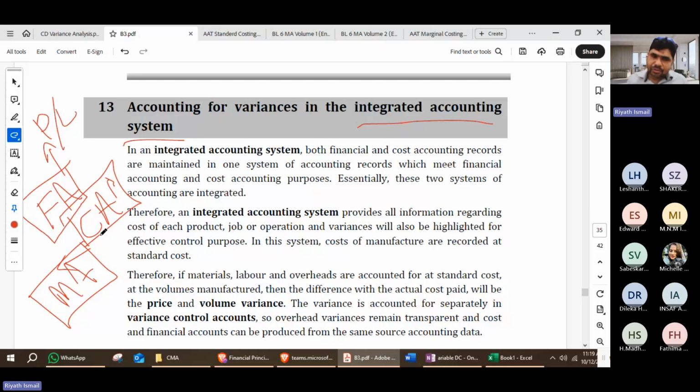And the cost accountant, they don't worry about the external side. So they report the internal cost, how much cost they have incurred and how much the cost of the product is, that sort of thing. Management accountants prepare budgets and make short-term and long-term investment decisions, that sort of thing. So they are maintaining three different books.